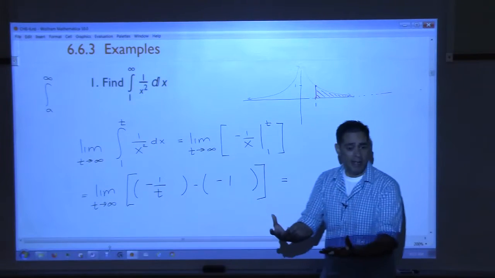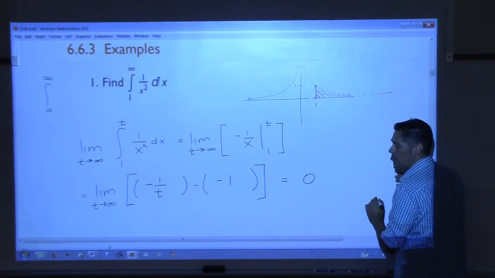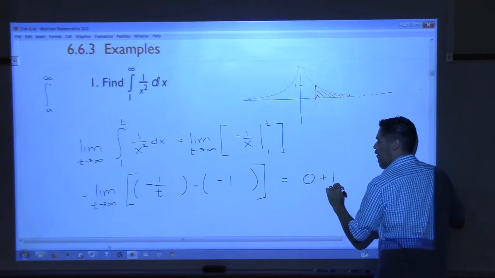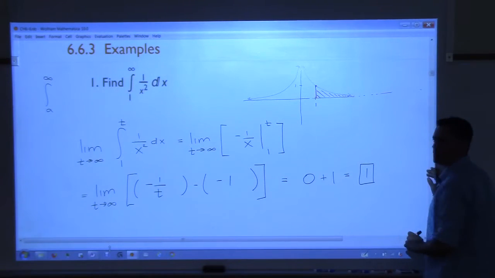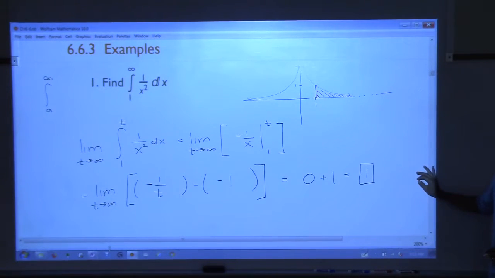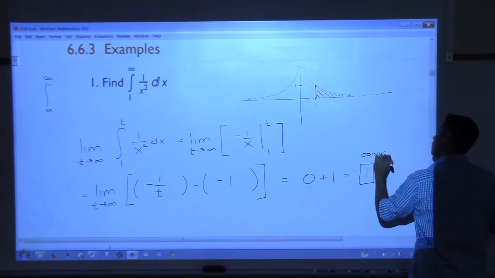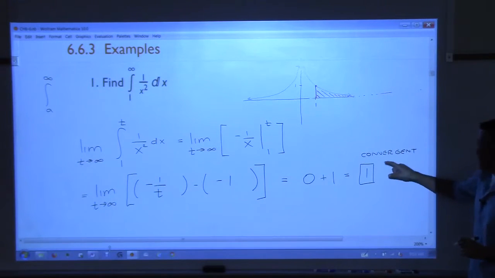So in the limit, that goes to 0, right? And then minus 1 plus 1, right? Which is 1. It's convergent. It's convergent because it heads to a number, right?